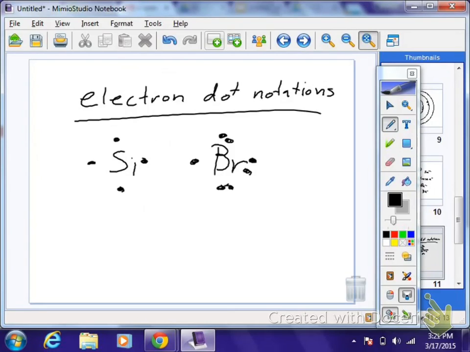Instead of showing all the circles and all the inner electrons and all that garbage, we're just going to do the outer shell. One last one. Let's do arsenic. 1, 2, 3, 4, 5. That's it. So that's electron dot notation, and we're just showing the outer valence electrons, and that's all we need to do.